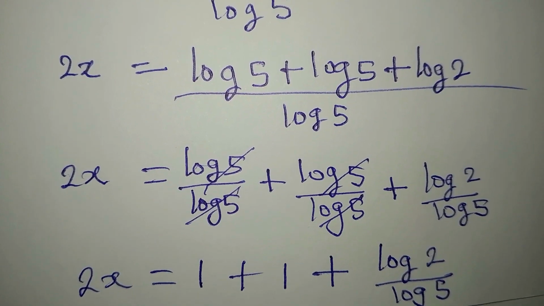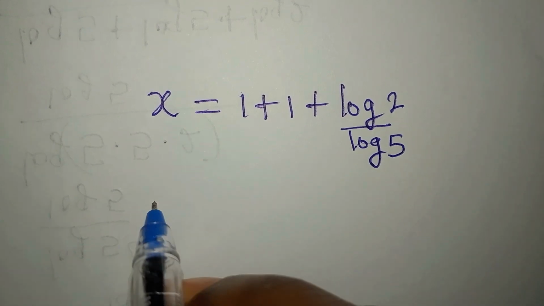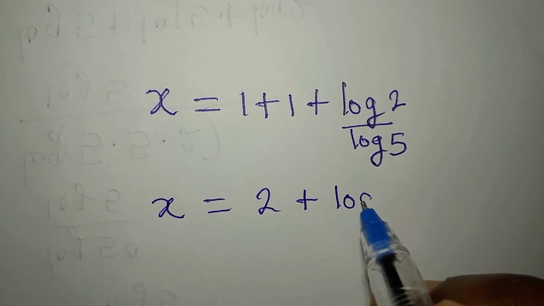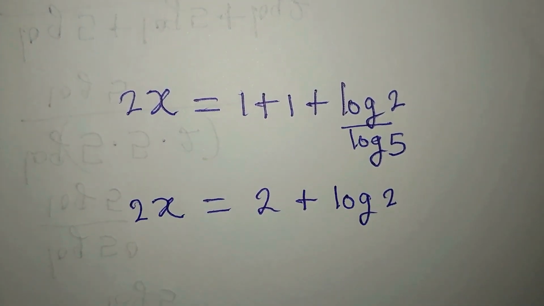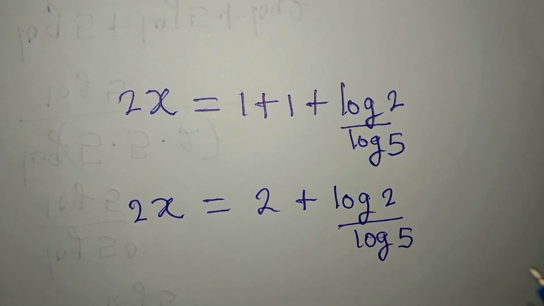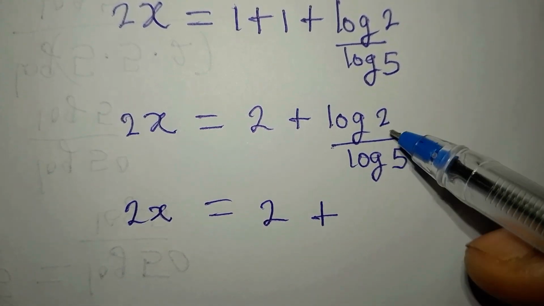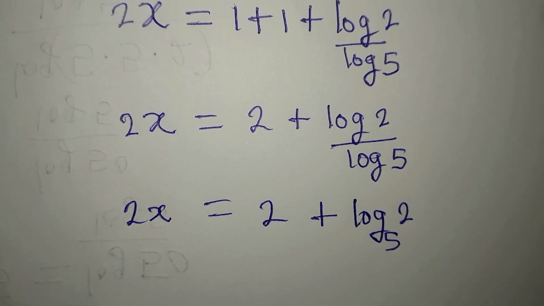Okay, so let's continue. It's actually 2x over here, 2x equals 2 plus log 2 over log 5. Now, what again do we do? We change the base of this, so we get log 2 to base 5.